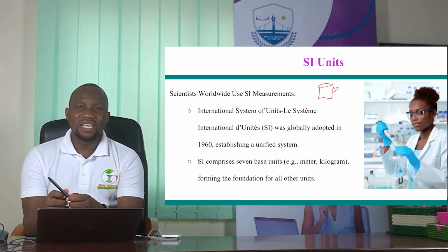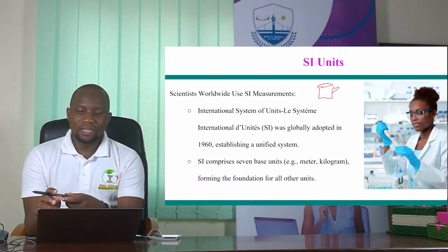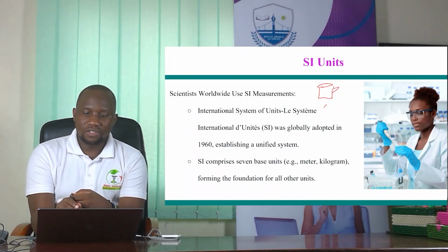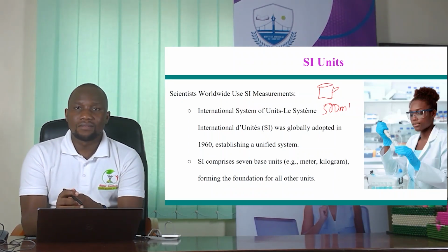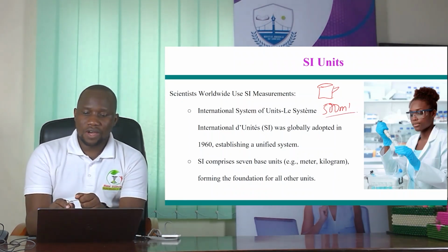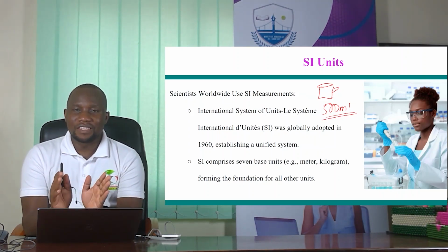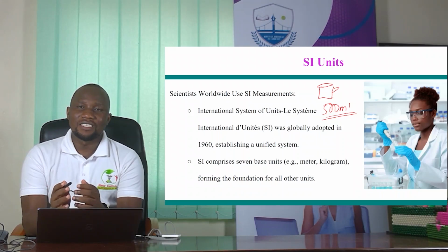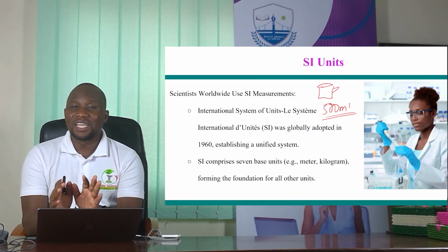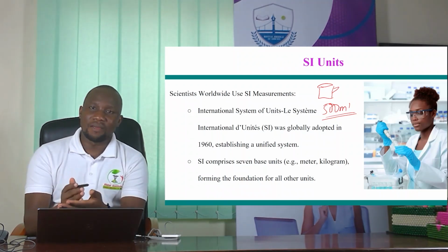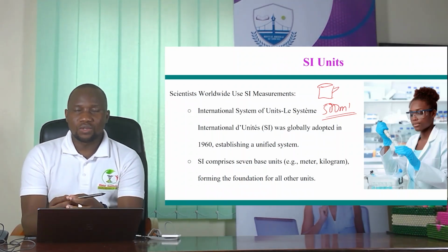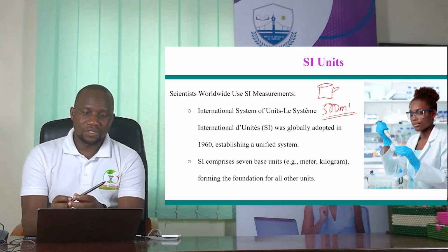Therefore, instead of saying a cup of milk, why don't you say that everyone is going to receive 500 ml of milk? So if you use this one, 500 ml of milk, everyone is going to receive the same, and regardless of whether they take a cup or a container or a bottle, the amount will be the same. So that is where the international system of units comes in.